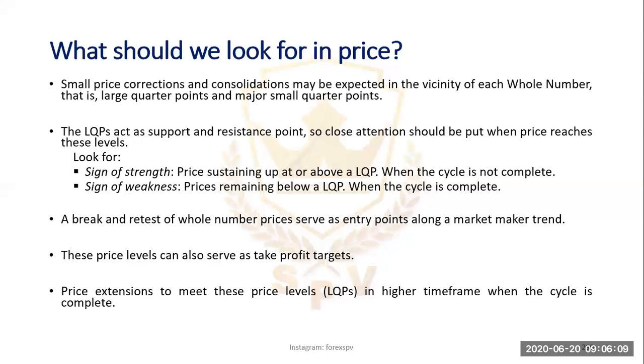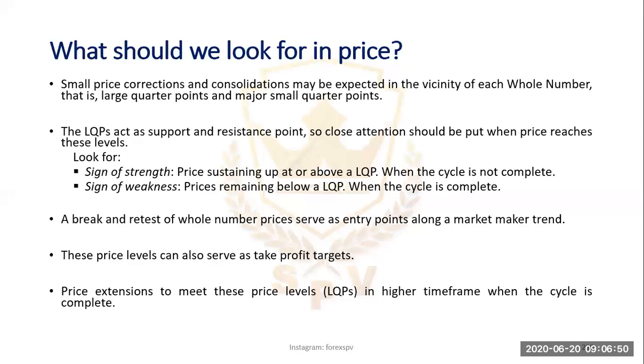Like you see that there is a certain large quarter point, and it's within the cycle, and you have your entry there. So you simply know from this point to that large quarter point is around 200 pips, it's around 250 pips, so you put your target there. And in a higher time frame, if the large quarter point is also a support or resistance point, then you see price extension to meet these price levels.